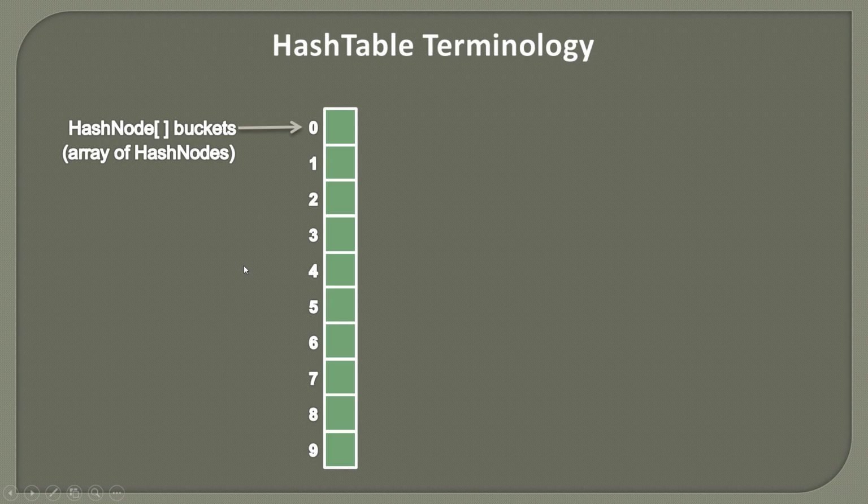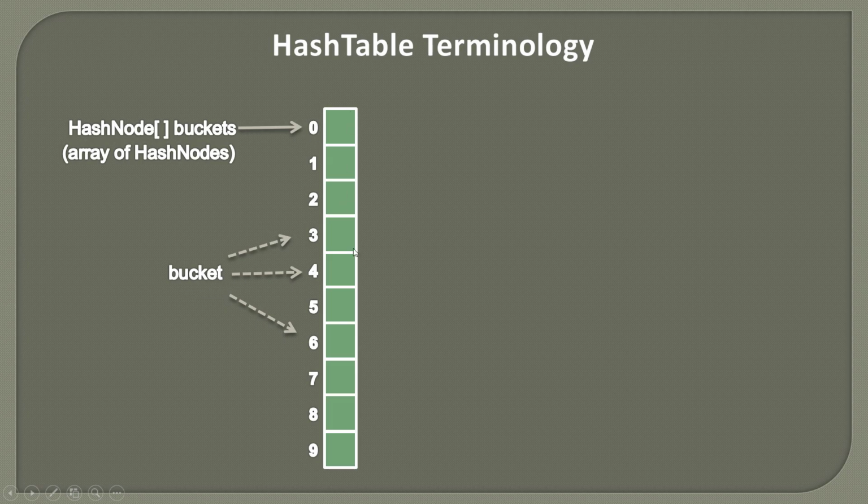When implementing a hash table via the separate chaining collision resolution technique, we use the hash node. In order to store key value pairs, we take this as an array of hash nodes. We call this array buckets, and each container at a particular index is termed a bucket.